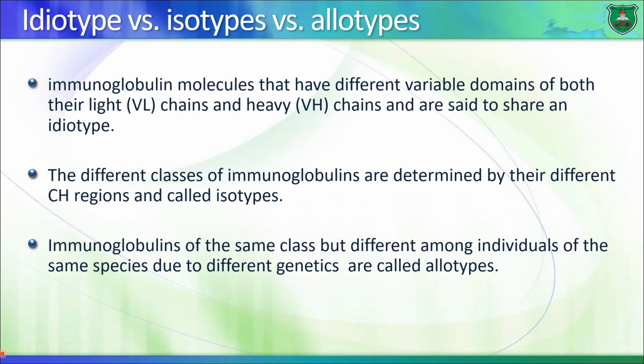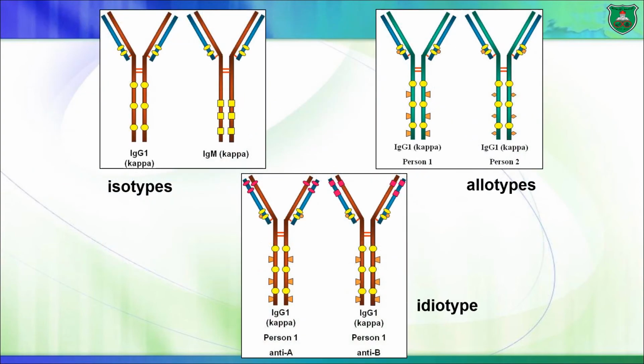Okay, now, so there are 3 terms that I would like you to learn. Antibodies can be idiotypes to each other. They can be isotypes, or they can be allotypes. So let's look at this slide, and you can refer to the previous slide to read the information that I'll just explain in here.